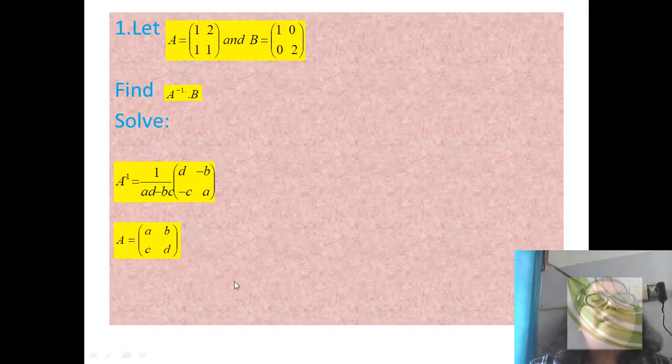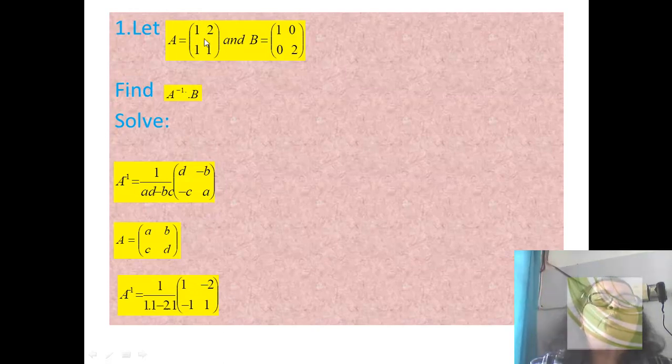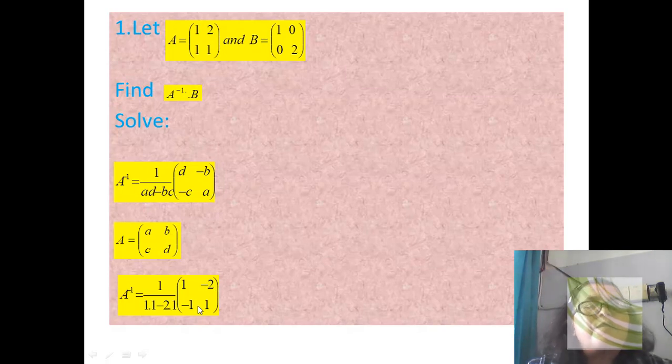Now the matrix A is 1, 2, 1, 1. It means a equals 1, b equals 2, c equals 1, d equals 1. So 1 divided by (a times d minus b times c) is 1 divided by (1 times 1 minus 2 times 1). In the bracket, a and d change places, 1 and 1, and b and c become minus 2, minus 1.